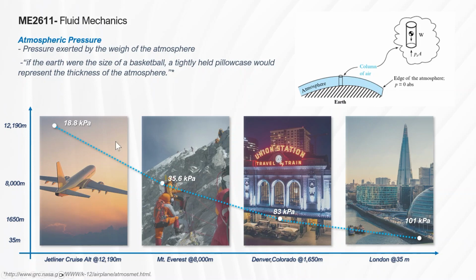So just for figure representation's sake, at sea level, our pressure is almost 101.325 kilopascals. So in this case, London at 35 meters. And you would notice that as you rise, the higher you are, the lower the pressure is, basically, because there's less atmosphere.